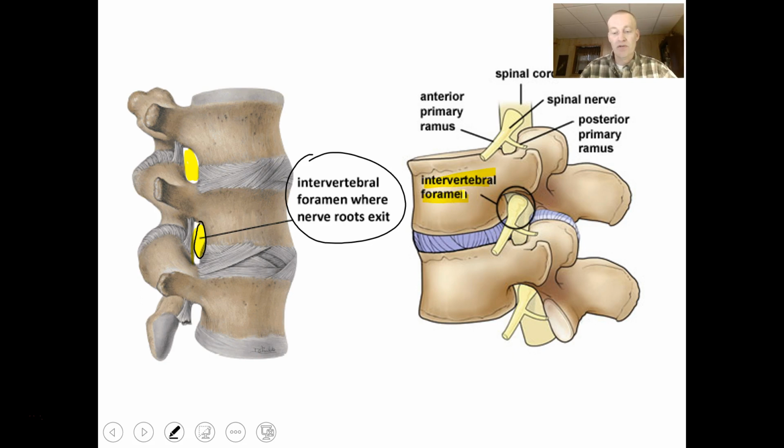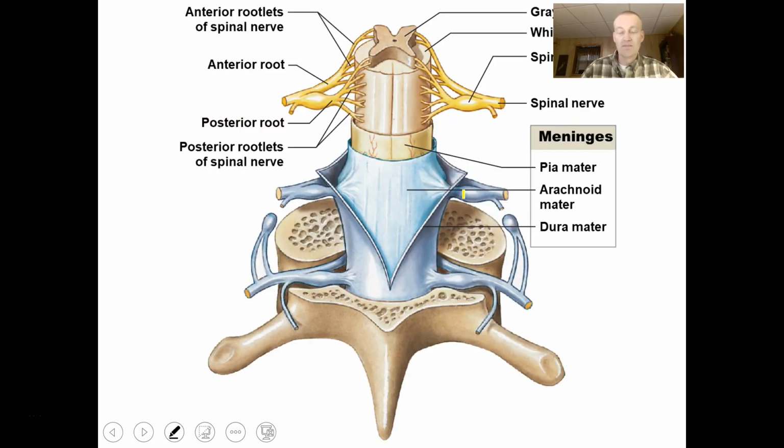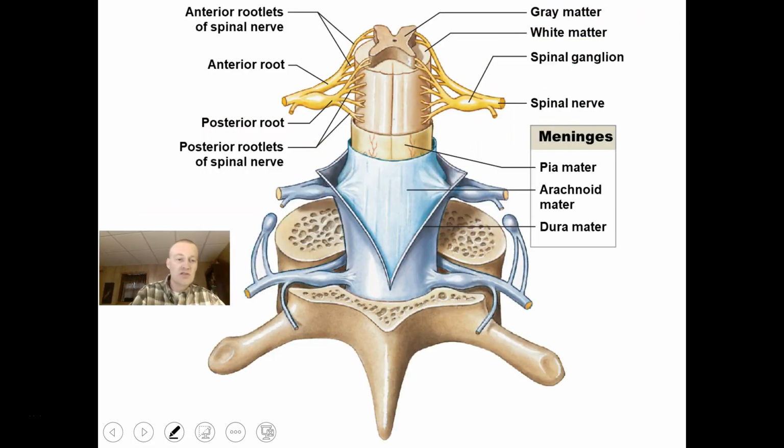of that particular region. Now, just as the brain was protected by all kinds of membranes, or meninges, the spinal cord is as well. Covering the inside surface and protecting and nourishing the spinal cord will be the pia mater, a thin membrane over the top of it that helps to nourish and protect.